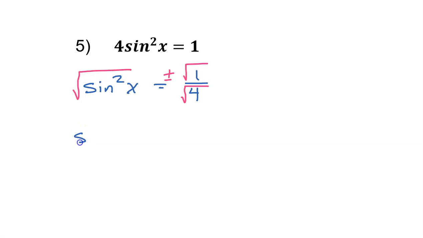So I'm going to get sine x, all right, we took the square root, so it's not squared anymore, is equal to plus or minus. Now the square root of 1 is just 1. The square root of 4 is 2. So we have plus or minus 1/2. What is the reference angle going to be?